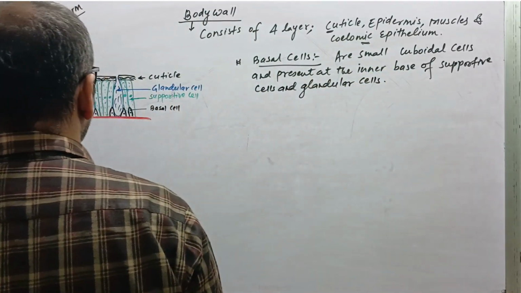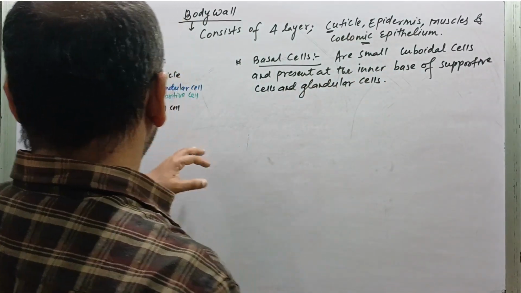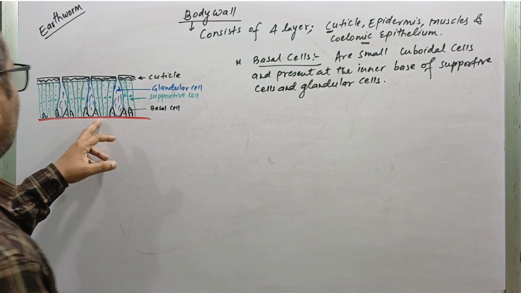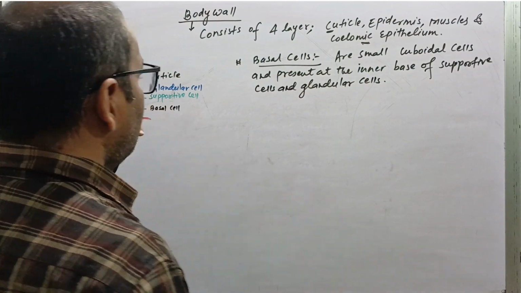So, the basal cells are small cube-like cells which are present at the inner base of the glandular cells and the supportive cells.